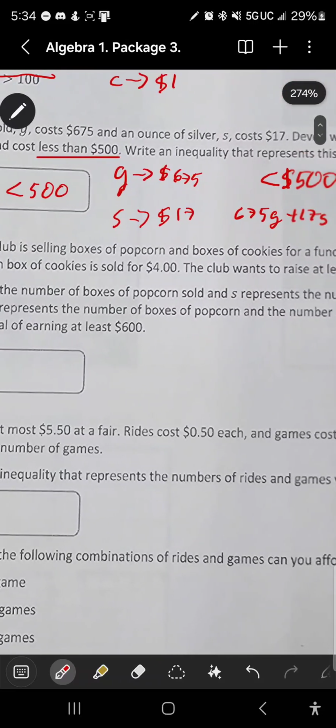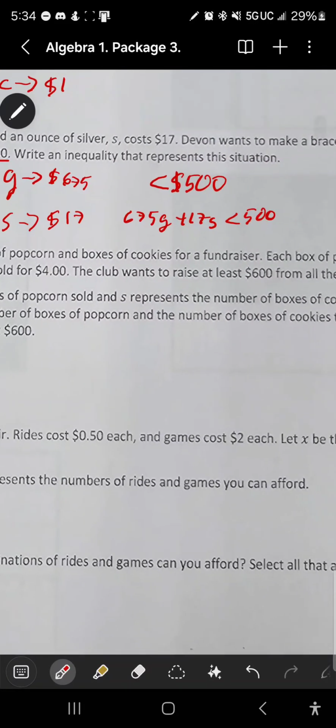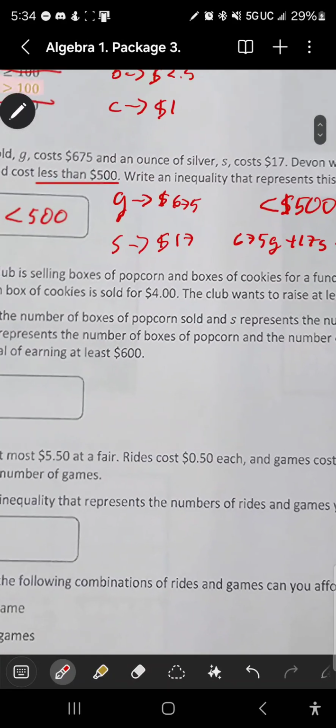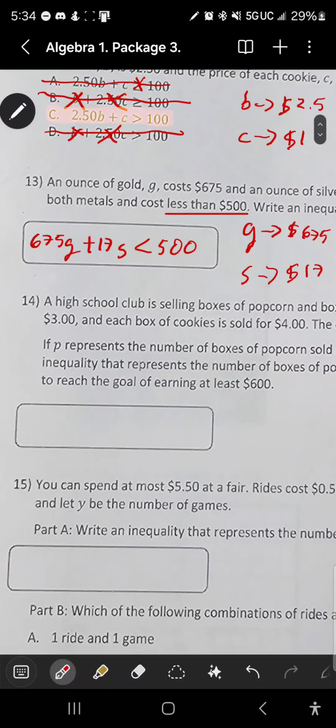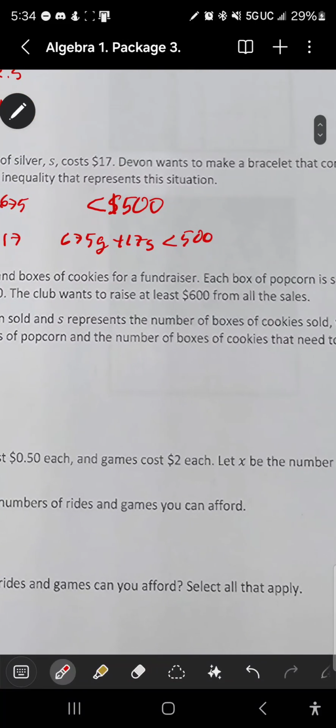A high school club is selling boxes of popcorn and boxes of cookies for a fundraiser. Each box of popcorn is sold for $3, and each box of cookies is sold for $4. The club wants to raise at least $600 from all sales.